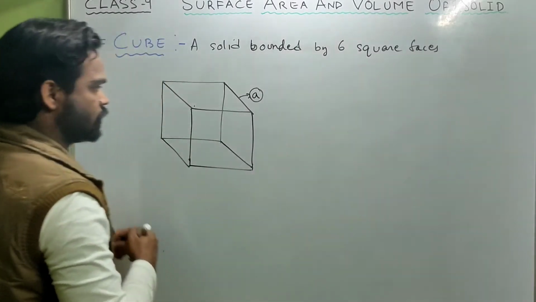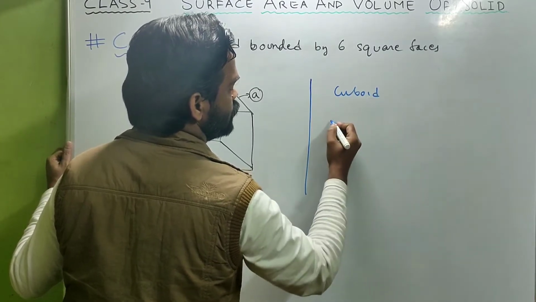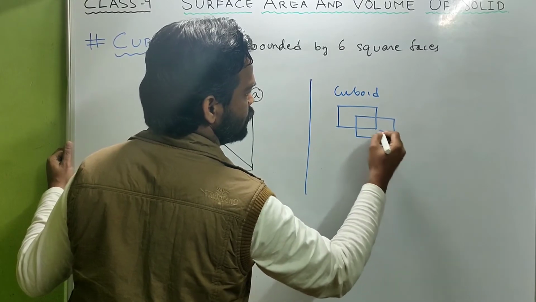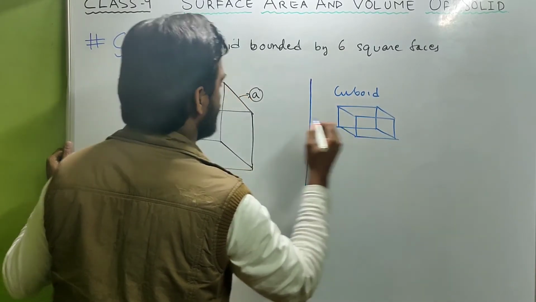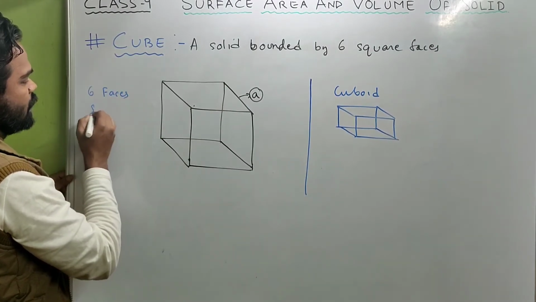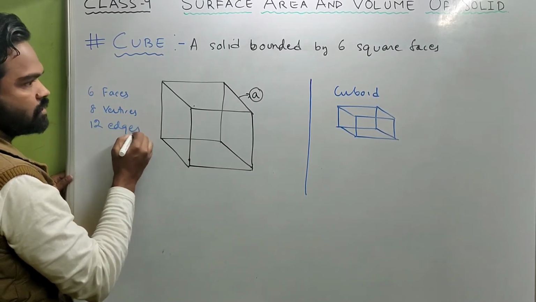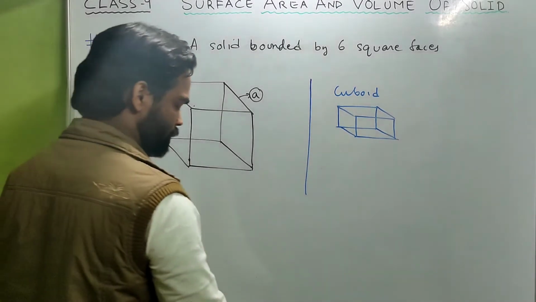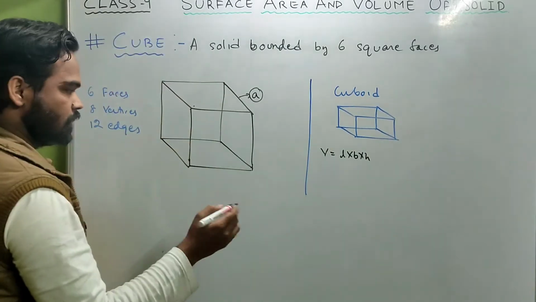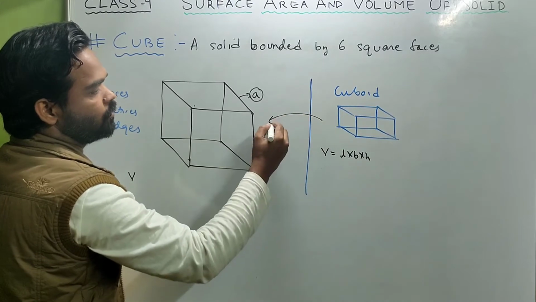Now, just remember, suppose I'll draw a cuboid. Cuboid was like this. It has got rectangular faces. Again, over here we have 6 faces, 8 vertices and 12 edges, same as that. Now look carefully. Volume over here was length into breadth into height. So see, if you go from cuboid to cube, what are you doing?